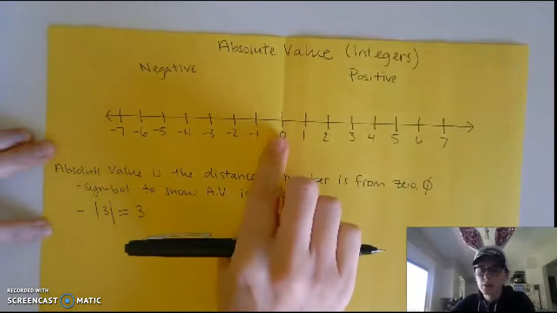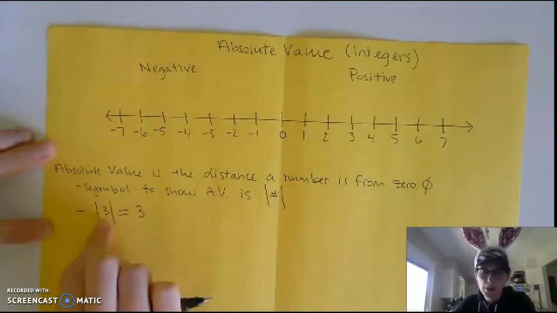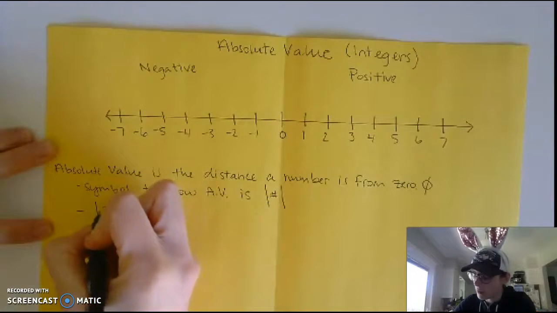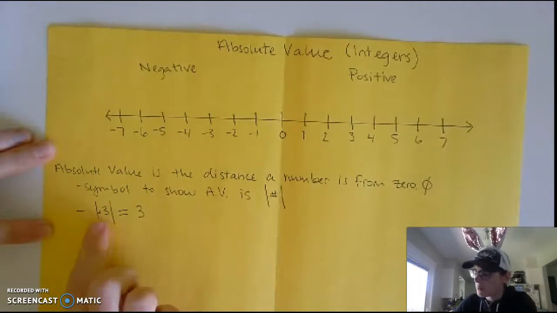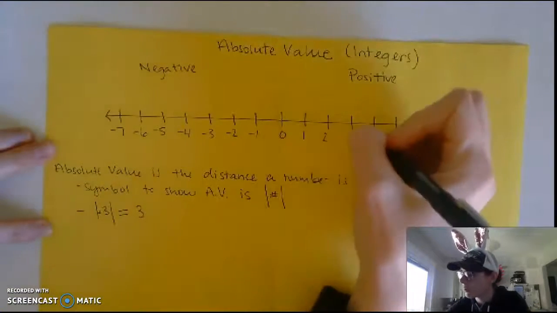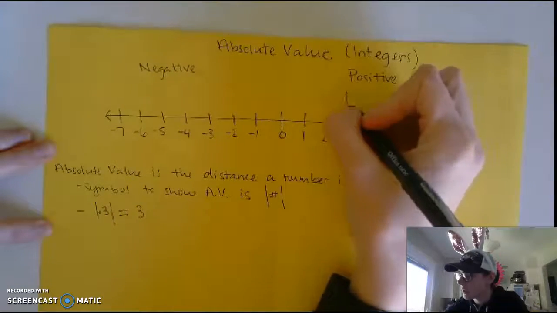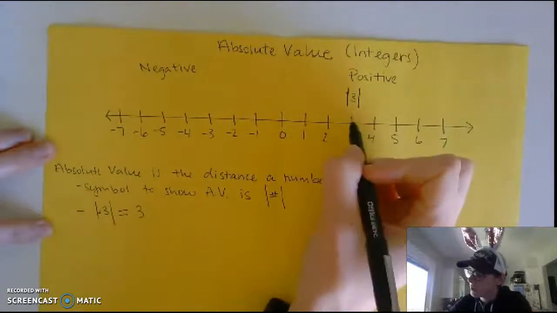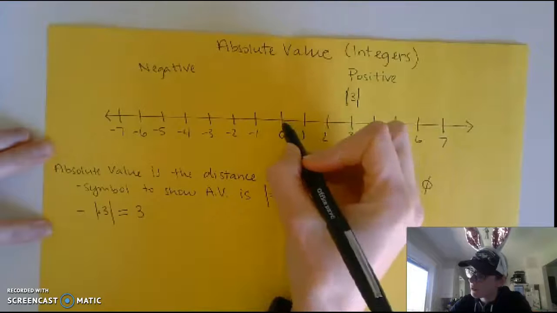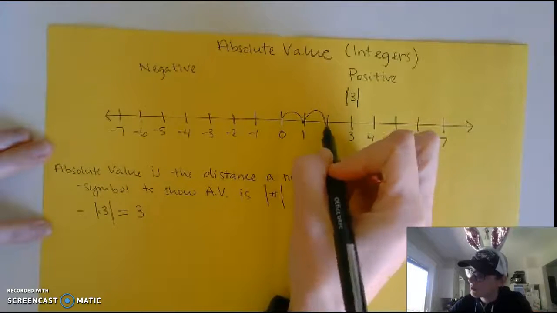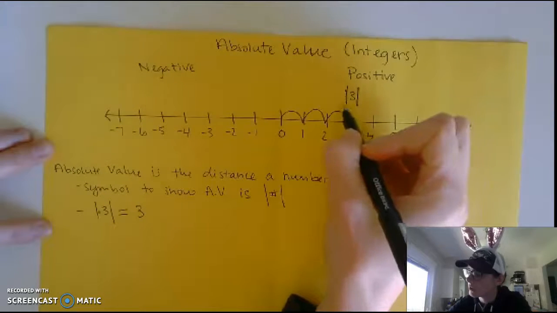So when I look here, this is positive 3. You could just assume it's positive 3. This means that it is 3 away from 0. So if I go here, this is 3. I'm going to just write absolute value of 3 because it is 3 away from 0. 1, 2, 3. Okay?